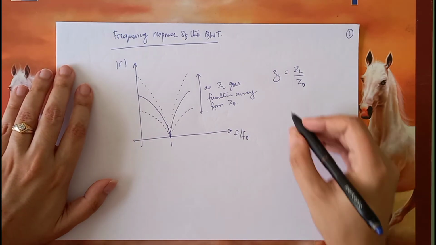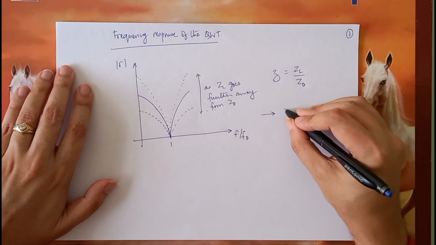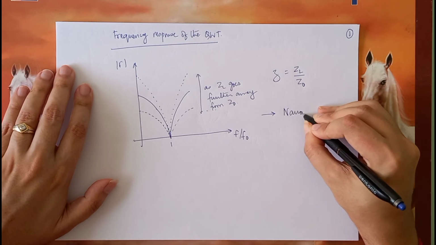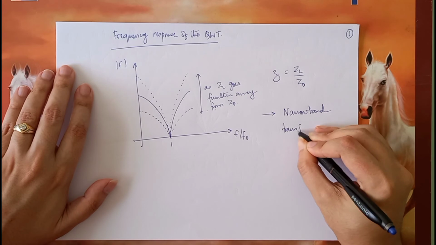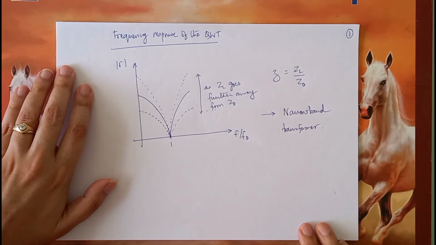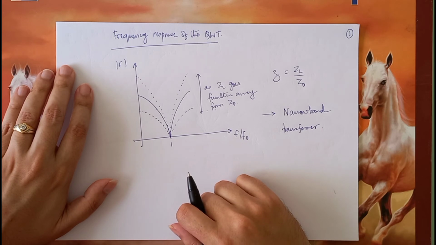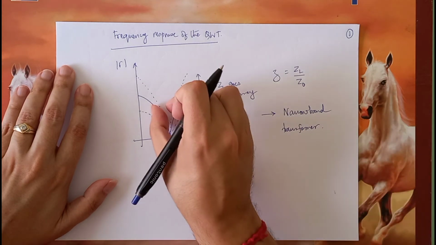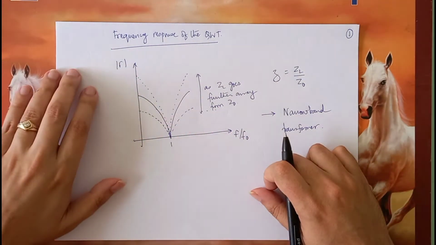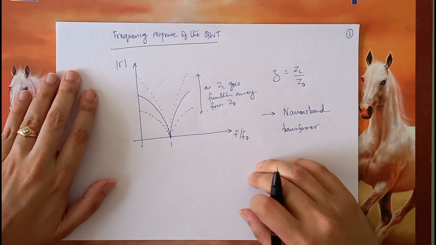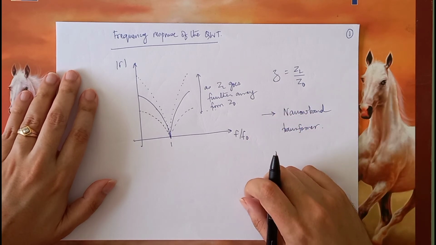So effectively what we concluded was that this is a narrow band transformer. Narrow band means the bandwidth over which the mod gamma is sufficiently low is rather small.